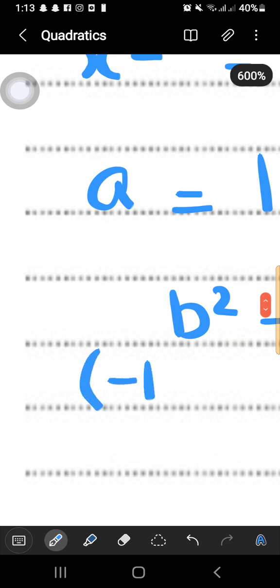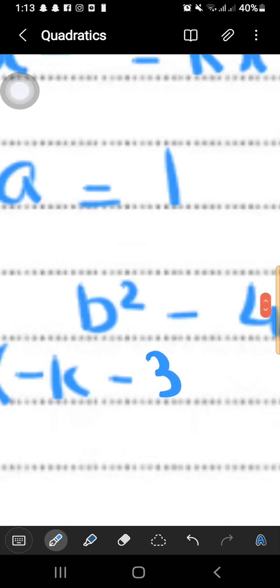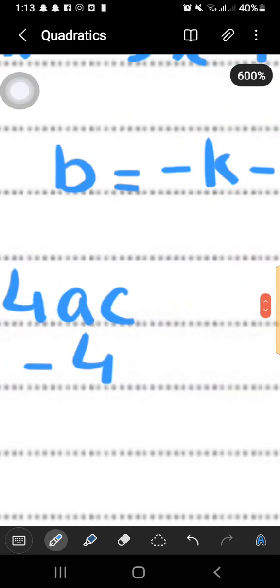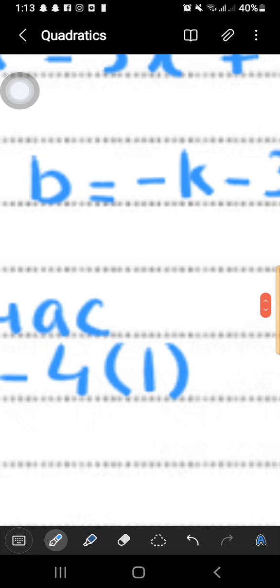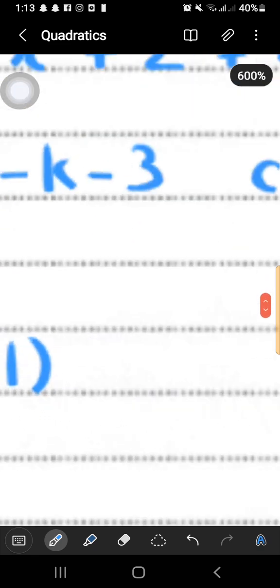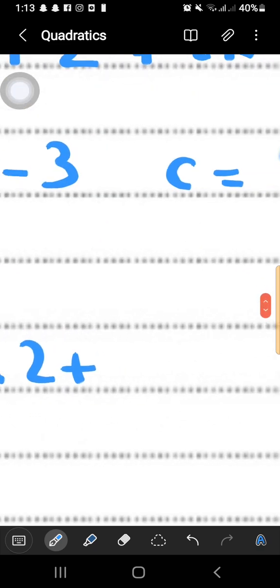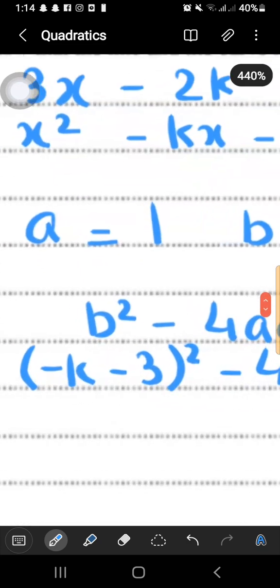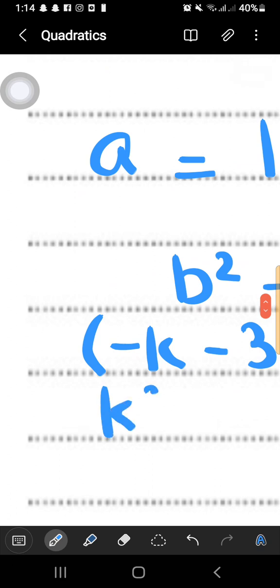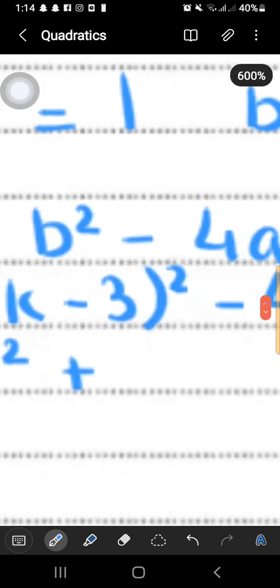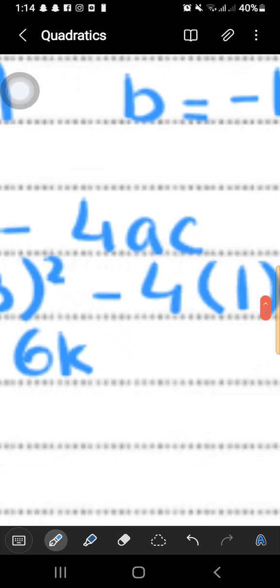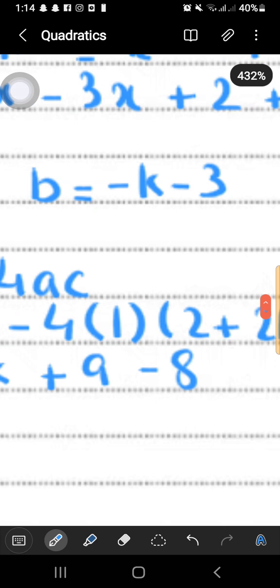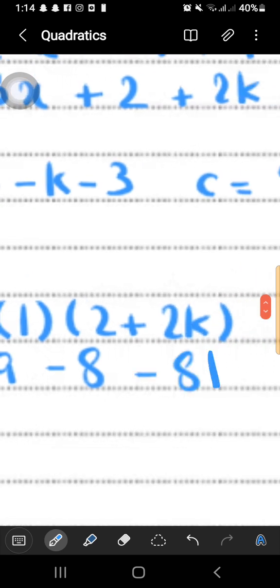We will insert minus k and minus 3 whole square and then minus 4 multiplied by 1 and 2 plus 2k. Here we solve it further algebraically, and if we expand it, it becomes k square plus 6k plus 9, and here it becomes minus 8 and minus 8k.